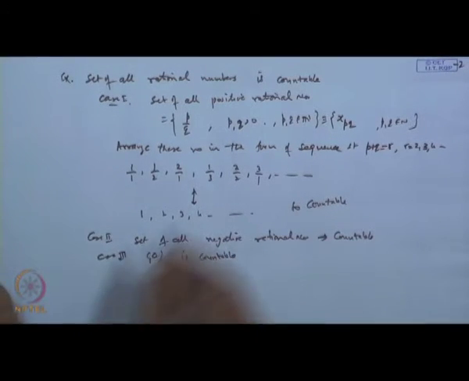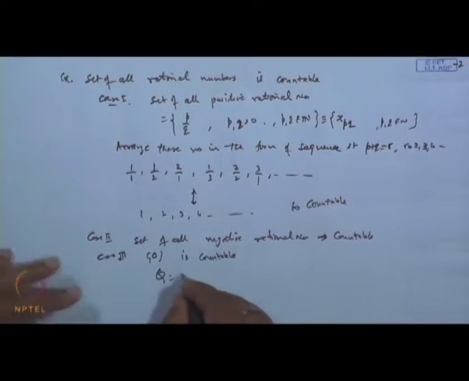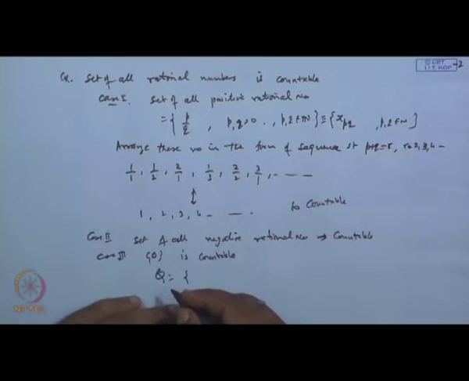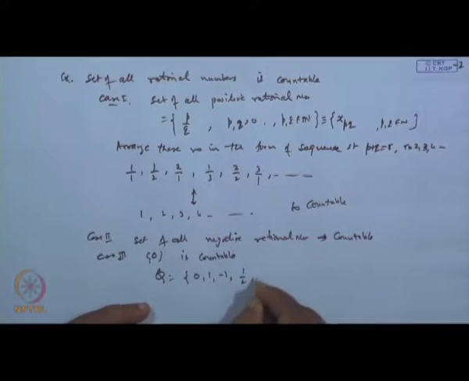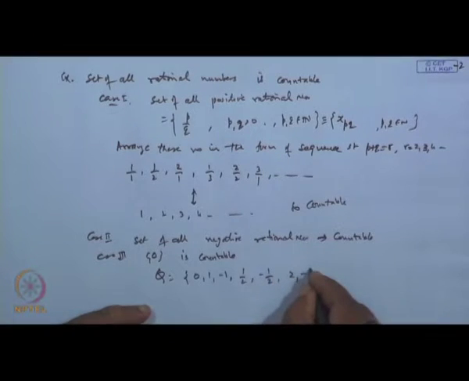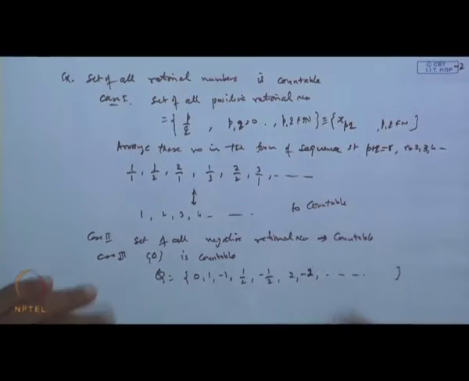So, if I take the union, the set of rational numbers is the set of all positive rational numbers, all negative rational numbers and including 0. So, if we put it in this form: 0, 1, minus 1, half, minus half, 2, minus 2, and continue this way, plus minus and all these things, then this entire set is countable.